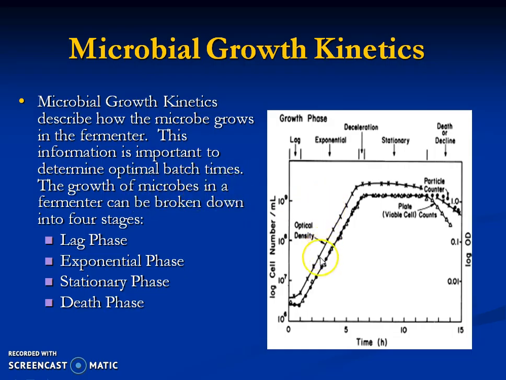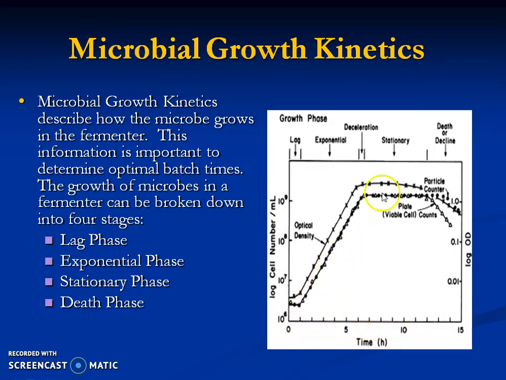Now the growth of microbes in a fermenter can be broken down into 4 distinct stages. This kinetic curve is a curve which represents the log cell number with respect to time.